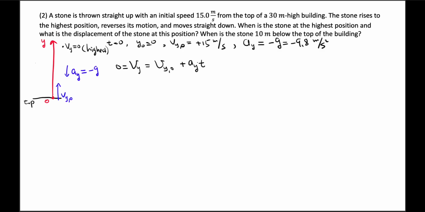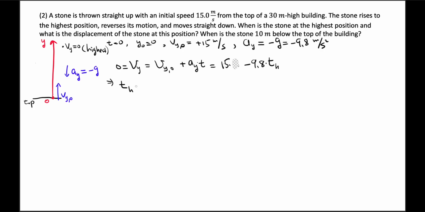So we get v1 equals 0 equals the initial velocity 15 plus the acceleration, negative 9.8, times t. Let me call this instant th.